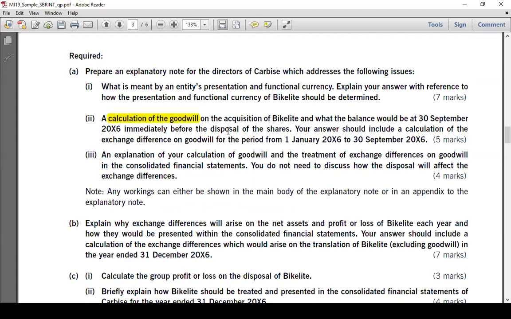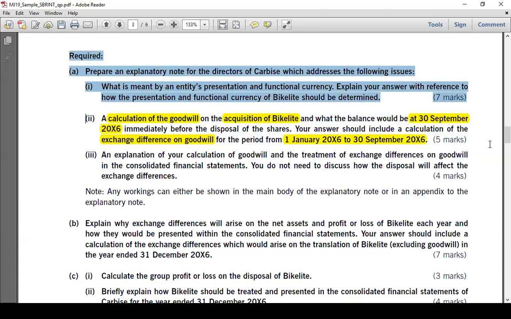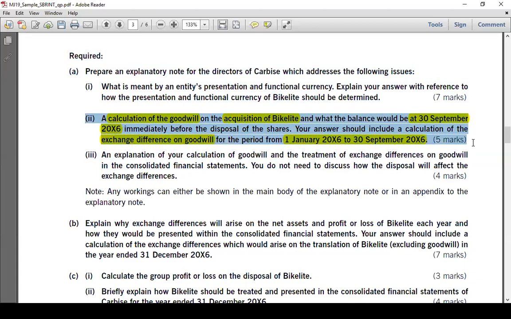So we were supposed to perform the calculation on the acquisition of Bike-Lite and at 30th September 2026. So two different goodwills the question wants us to calculate. Your answer should include a calculation of the exchange difference on goodwill, which we just did in the working number 6, for the period from this date to this date. So 5 marks were there for the calculation of the goodwill and the exchange gains and losses. So for this, there was no explanation required. It was just about the calculation.